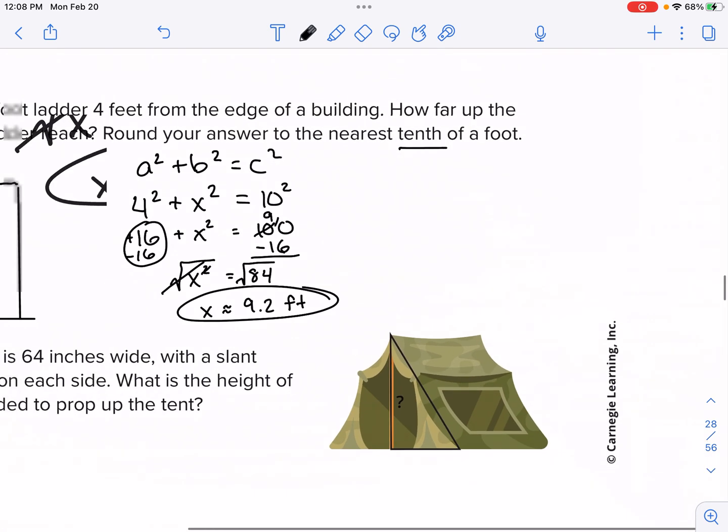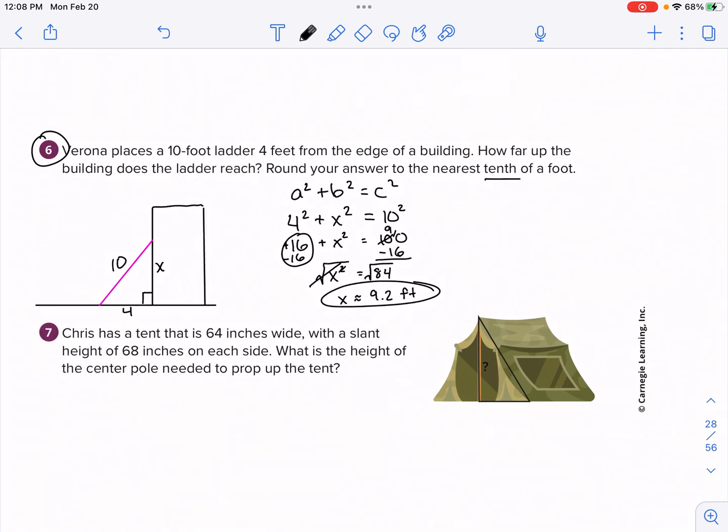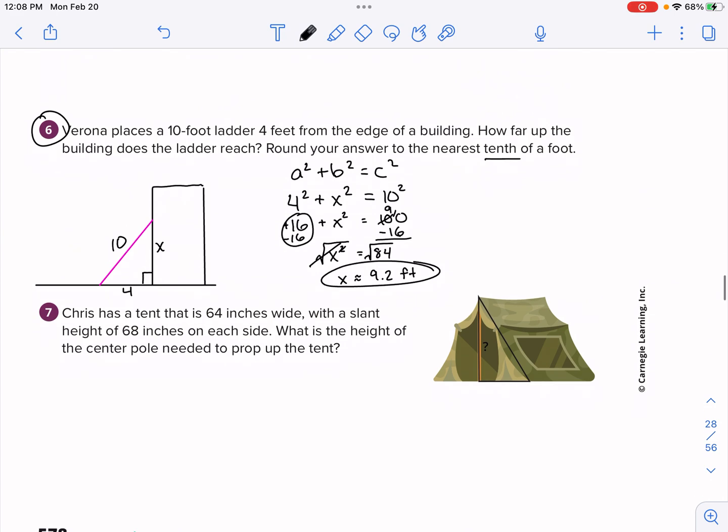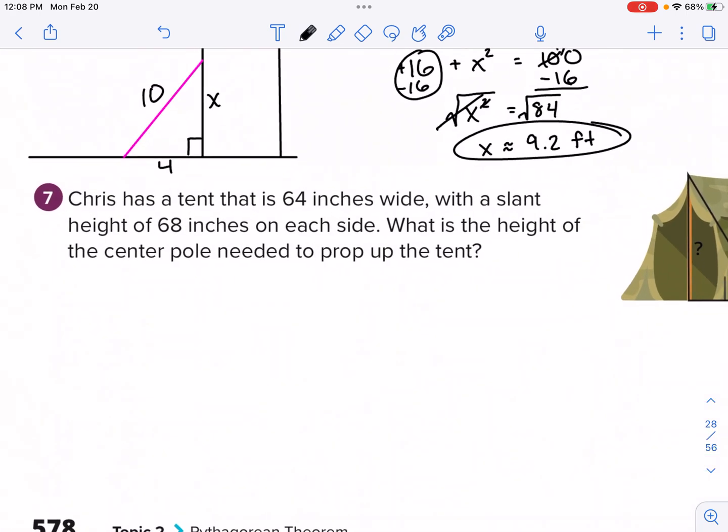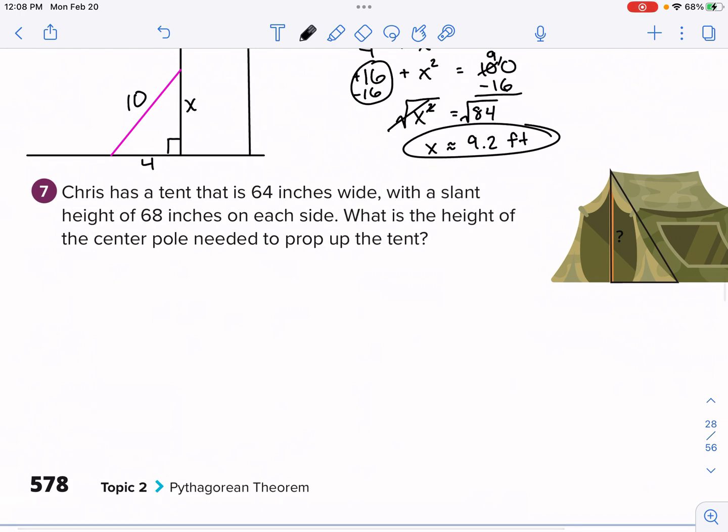All right, and then let's finish up on number 7. We're gonna skip the next part. It says Chris has a tent that is 64 inches wide with a slant height of 68 inches on each side.